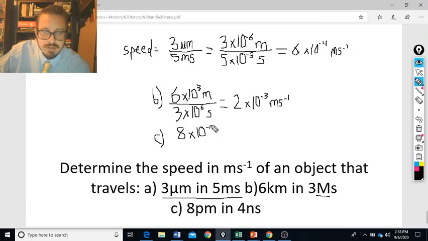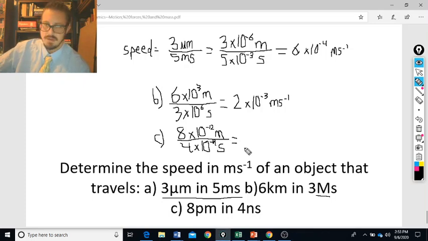So a picometer is 10 to the negative 12 meters. So we have 8 picometers divided by 4 nanoseconds, and nano is a billionth, so 10 to the negative 9. And our units will be in meters per second. 10 to the negative 9 is the order of 10.